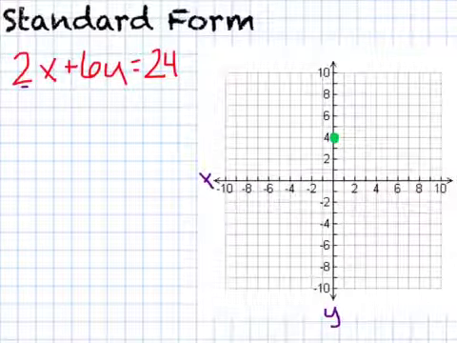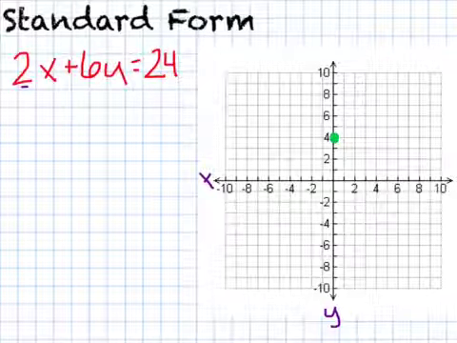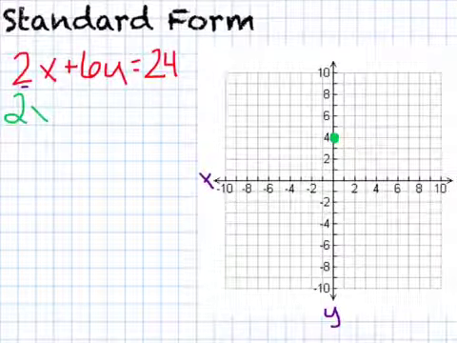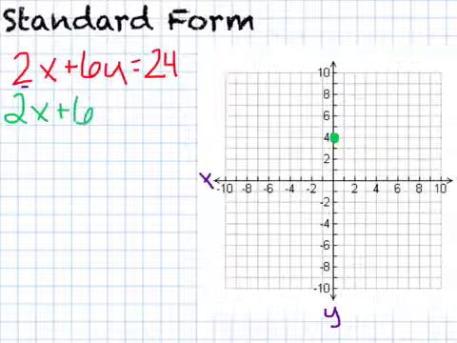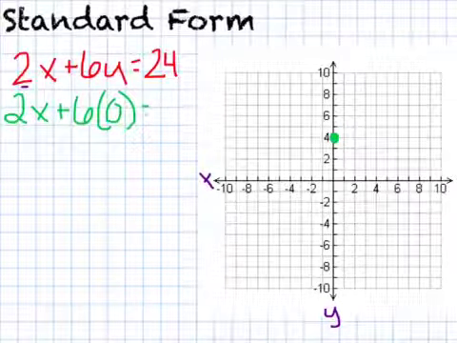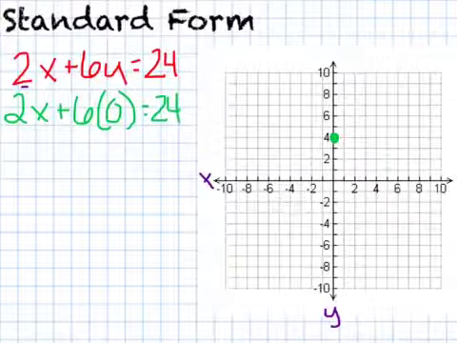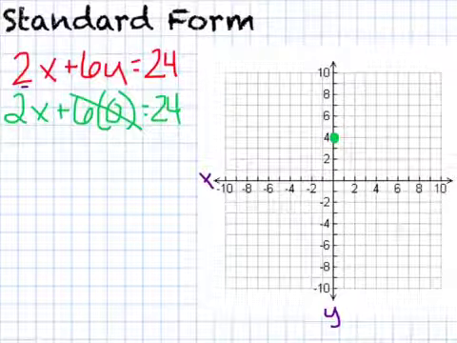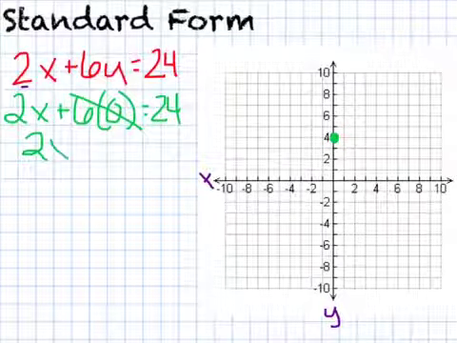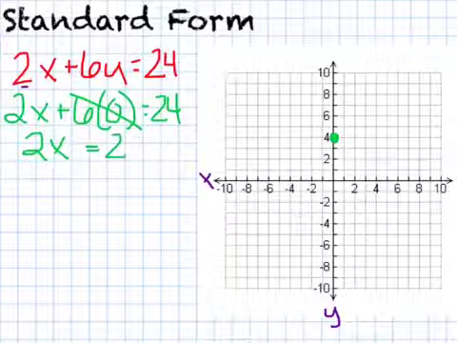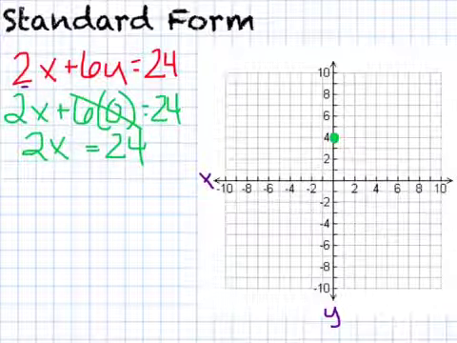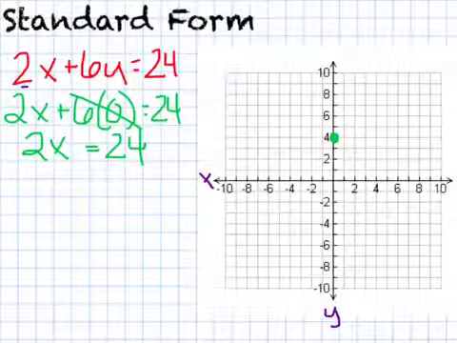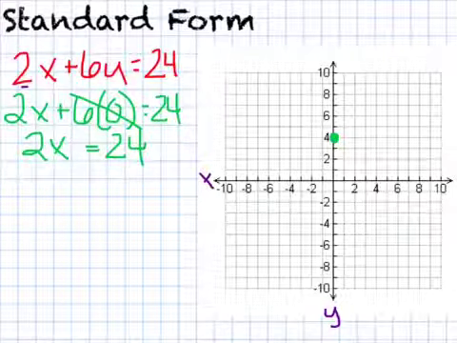So let's work this out. 2x plus 6 times 0 equals 24. 6 times 0 is gone. 2x equals 24. And why is 6 times 0 gone? 6 times 0 is 0, so we don't need to worry about it anymore.